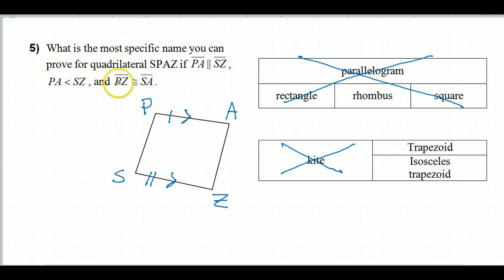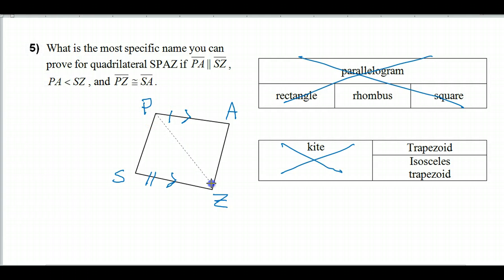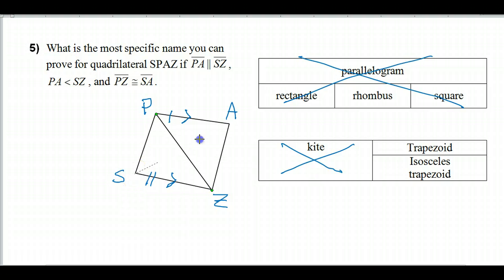We are told that PZ is congruent to SA. So PZ, which would be like this, is congruent to SA, which would be like this. So we're told that the diagonals are congruent.